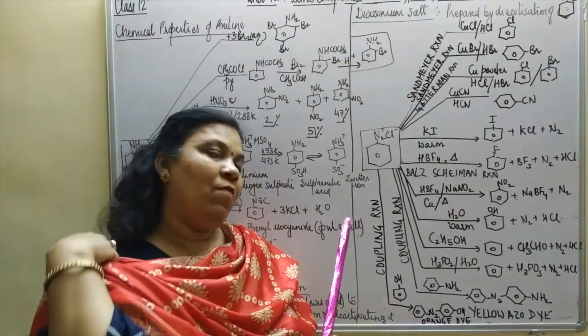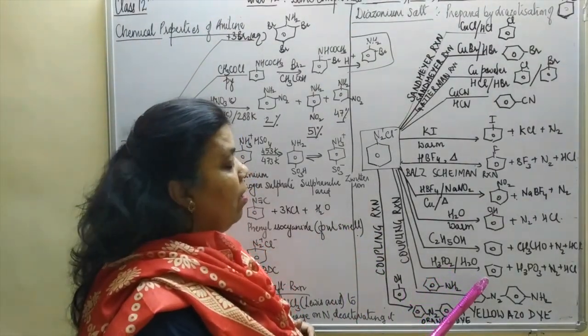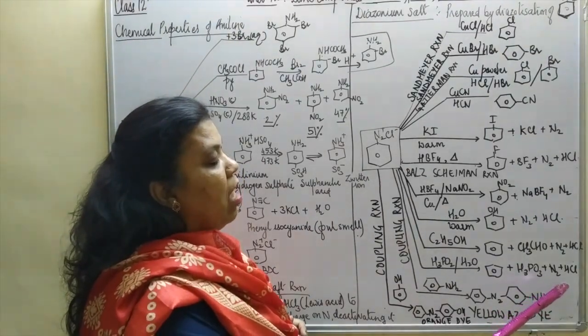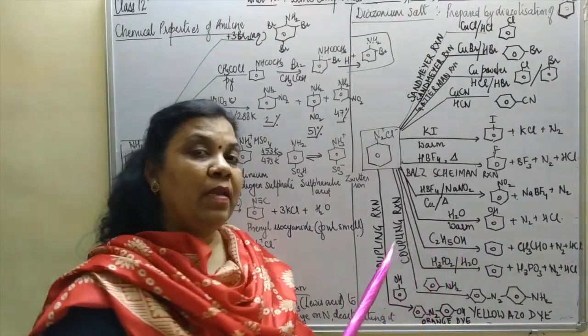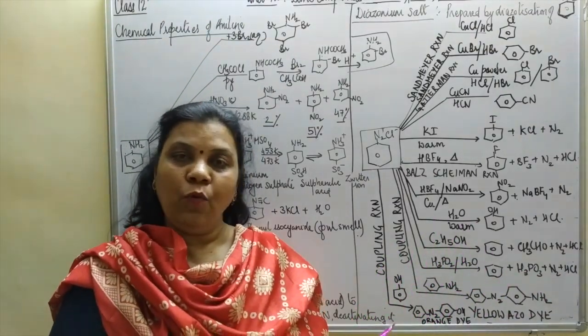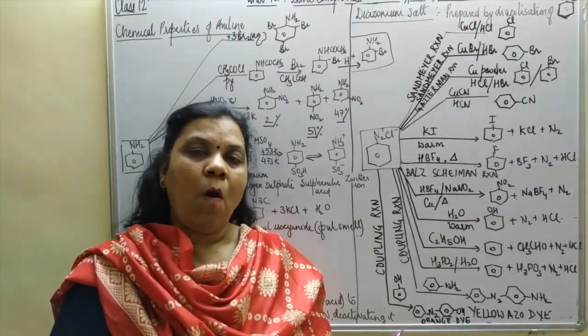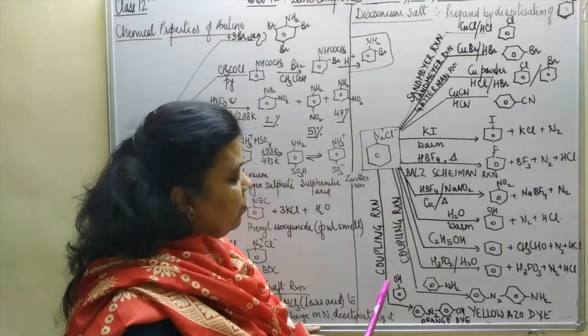In the same manner, when you treat BDC with H3PO2 in the presence of water, we get benzene along with H3PO3 oxidation product, N2 and HCl. So, benzene from BDC can be prepared, remember, by two reagents, either treatment of BDC with ethanol or H3PO2 in the presence of water.